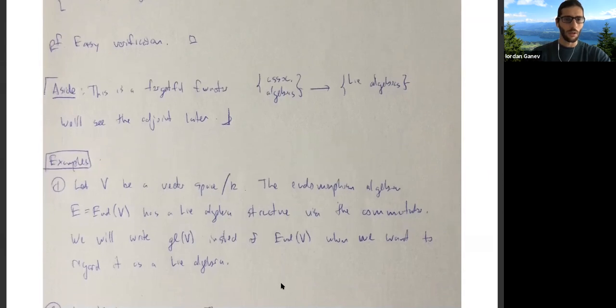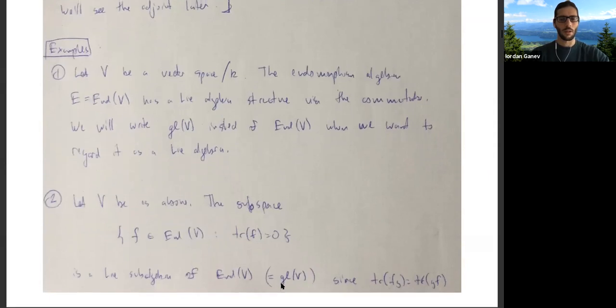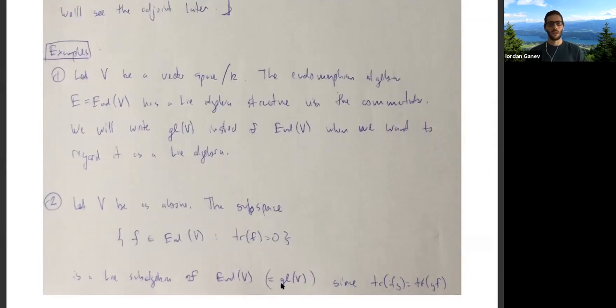Okay, let's think about some Lie algebras that we get from this endomorphism algebra. Let's think about the subspace of endomorphisms with trace 0. Maybe I actually want V to be finite dimensional here. If we think about things with trace 0, then this is not an associative subalgebra.